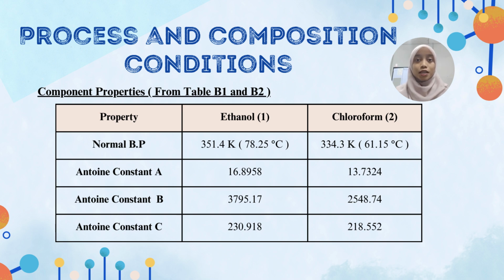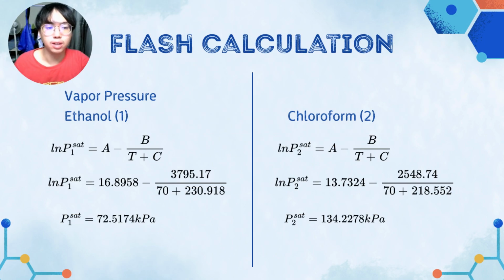We also use the Antoine constants A, B, and C to calculate the saturation pressure of each component at the operating temperature. Since chloroform has a lower boiling point, it is more volatile and tends to vaporize more easily than ethanol. So now we have to calculate the vapor pressure, which is P sat, using the Antoine equation.